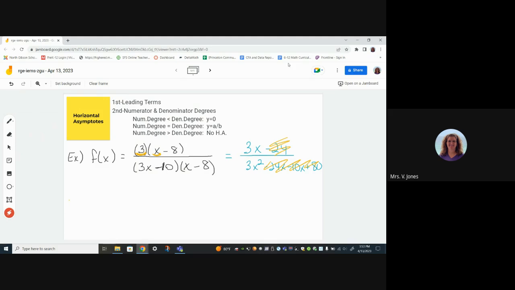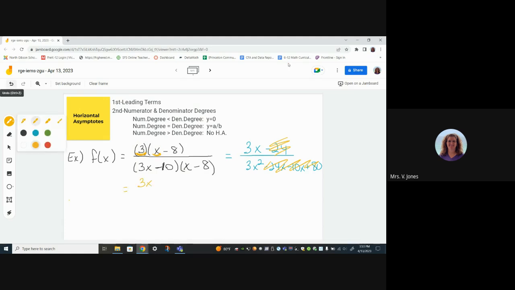So you're looking for letters. In this case, there is no letter, so it's just a 3. But if you have a variable, it's the variable with the biggest exponent. So if we multiply on the top, the 3 and the x together, we get 3x.